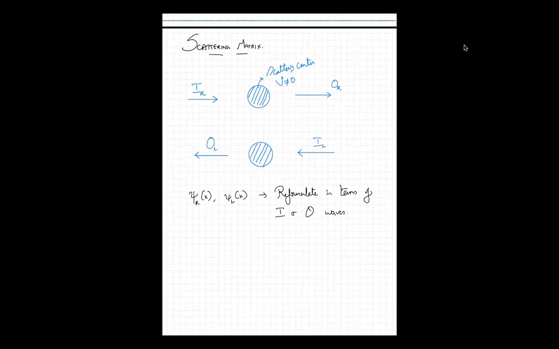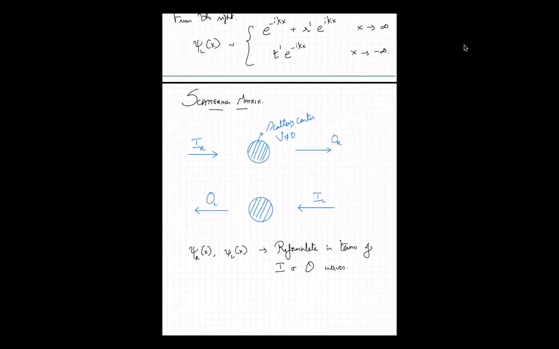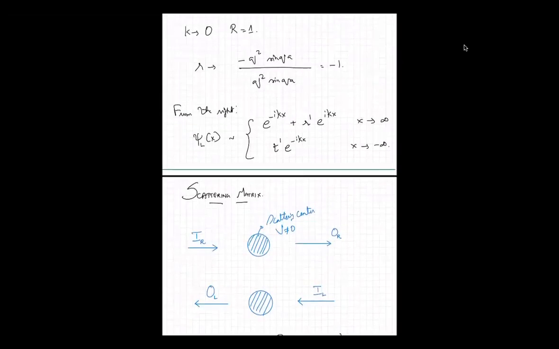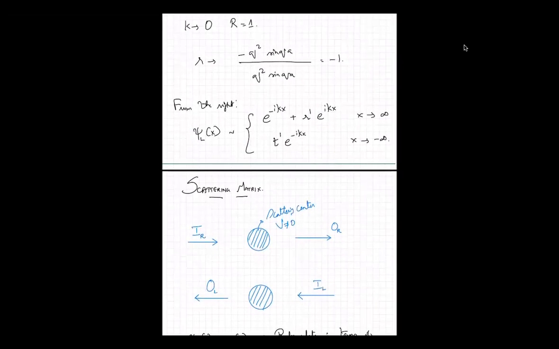So I will write psi r and psi l in a slightly different way. Let us look at this psi l because it is right here. Psi l of x can be written as, so this is the case where I am scattering from the right, so e to the minus ikx part. Look at this piece by piece.